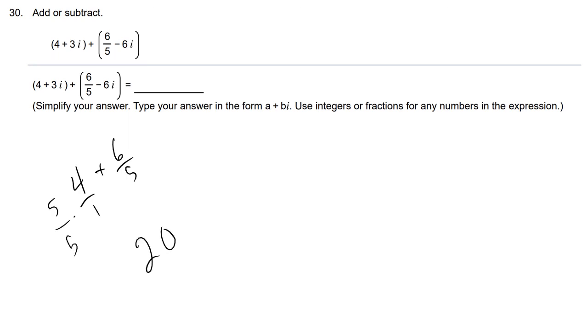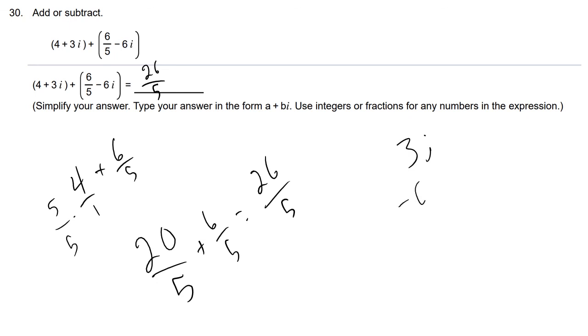And so that's 20 over 5 plus 6 over 5 equals 26 over 5. So my real part is going to be 26 over 5. My imaginary part is just going to be 3i minus 6i, and so that's minus 3i.